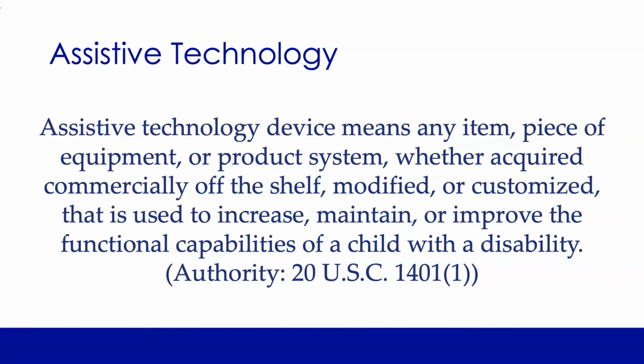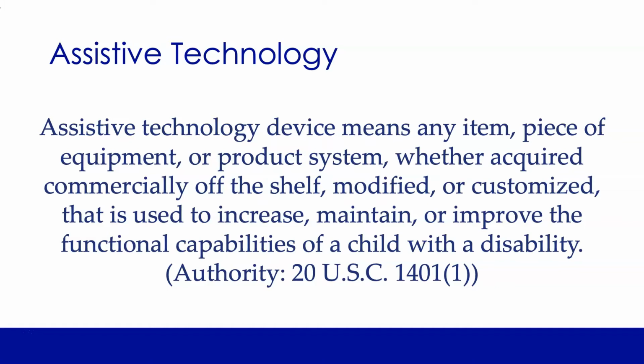And assistive technology, notice the last four words here, child with a disability. Assistive technology is specific to a child with a disability, and that distinguishes it from universal technology supports. Universal technology supports might be used by a child with a disability. They may even be needed by a child with a disability.